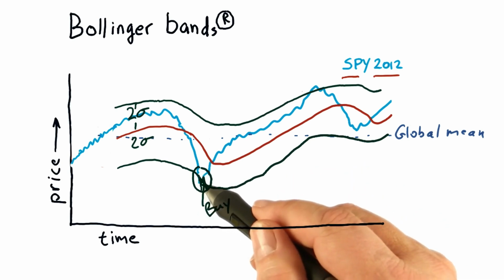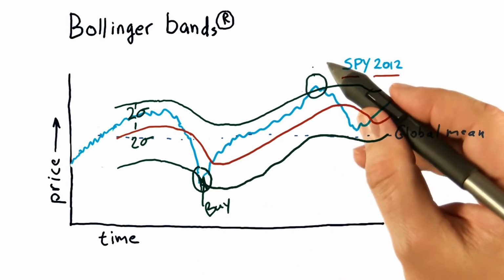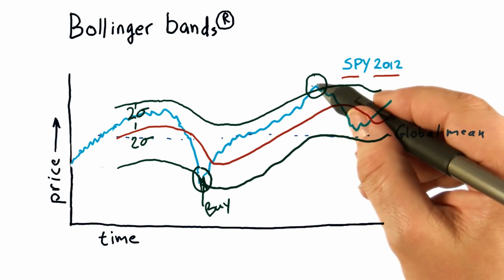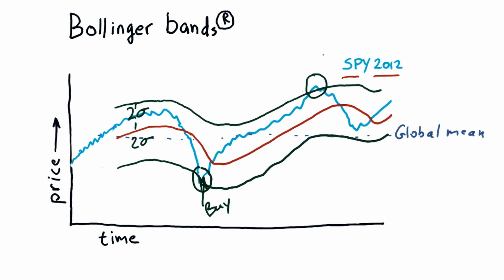So if you buy there, you should anticipate positive returns as it climbs back through the average. Similarly, here, where you see it punch through the top and then go back down through, that's potentially a sell signal.